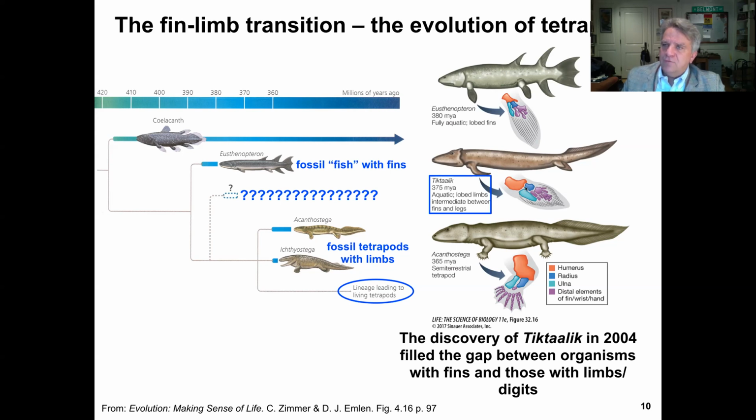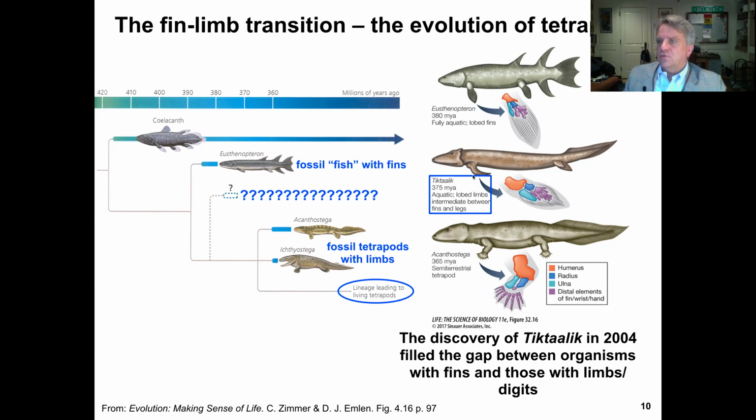And the key for Tiktaalik was not that it had evolved digits at the end of the limb, but that Tiktaalik actually had a wrist. So Tiktaalik presumably was able to have some radial motion on these forelimbs.